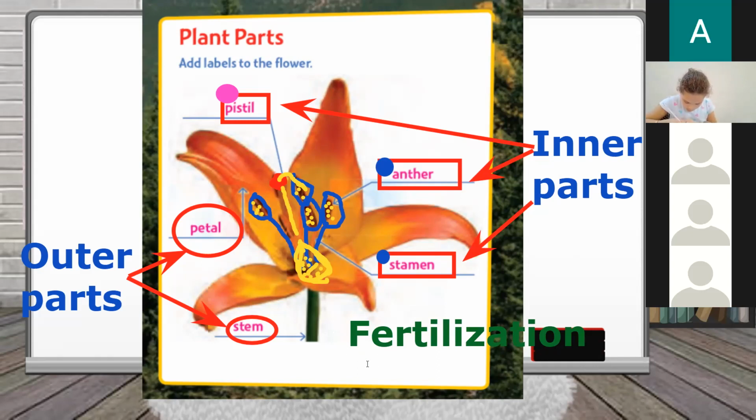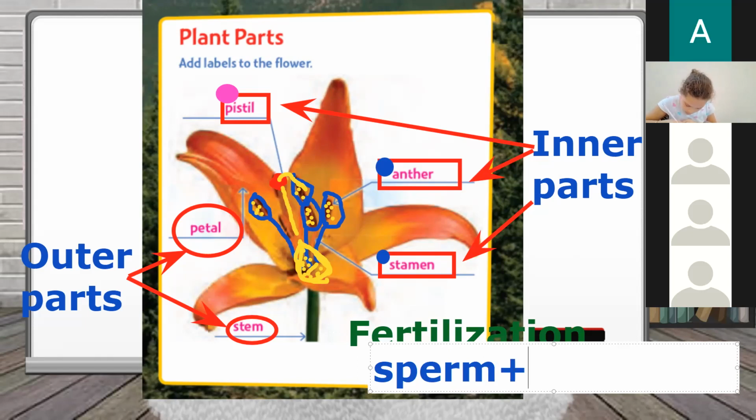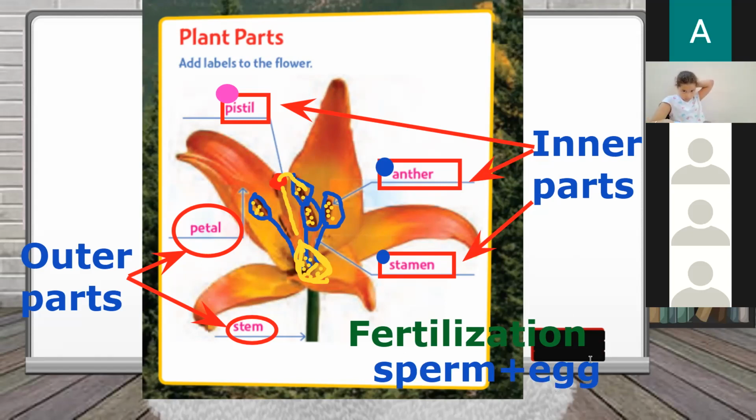So I can write under fertilization that it is sperm from the male, the boy, joining with the egg from the female, which gives you the fertilized egg. Okay, we are going to explain more and we will learn more.